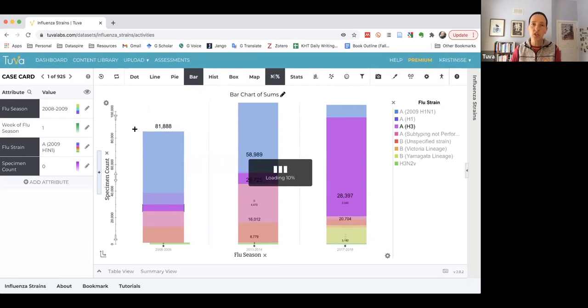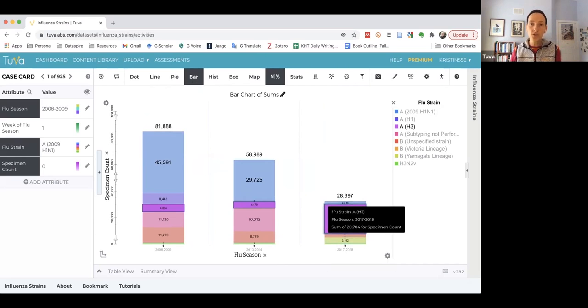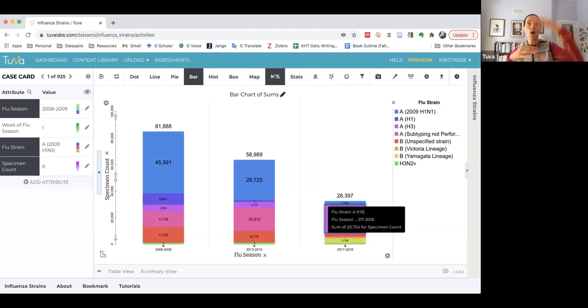Again, we can change our bar type to a bar by sums rather than a stretched chart. Now we're actually seeing the number of specimens collected for each strain. Still, in 2017-18 the most collected were this AH3 strain, which makes sense. That's why it was showing up as the largest percentage in the stretched bar chart.